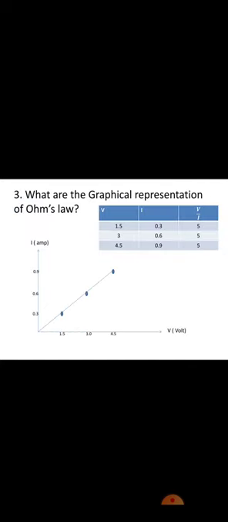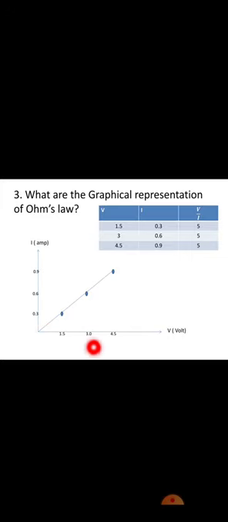Now what is the graphical representation of Ohm's law? This is the table taken from the experiment in my previous slide. Now on this line you put the value of voltage, and on this line you put the value of current. At 1.5 voltage, the current is 0.3.